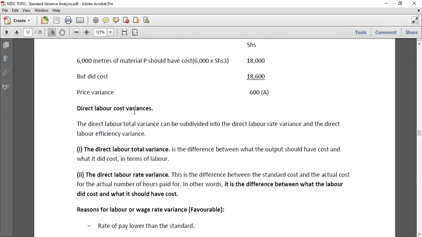We have the total labor variance, the labor rate variance, the labor efficiency variance, and the idle time variance.